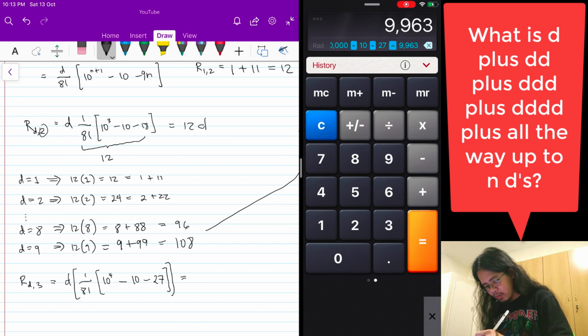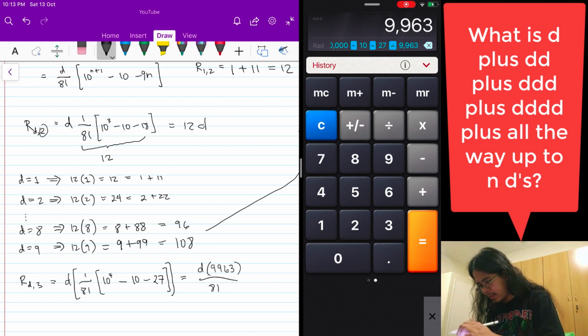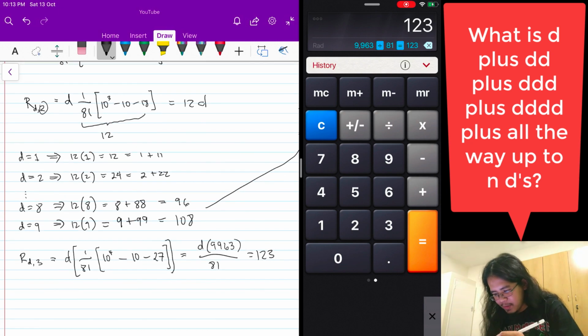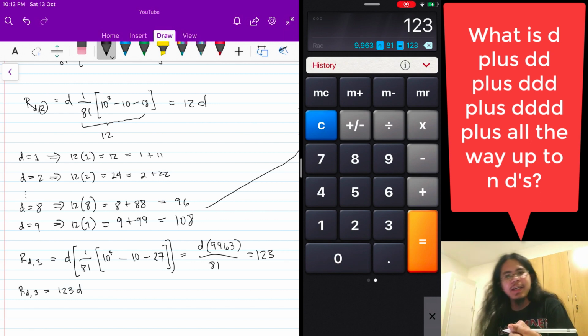So this is equal to D times 9963 divided by 81. Wait a minute, that's awesome. R_D(3) is 1, 2, 3 times D.